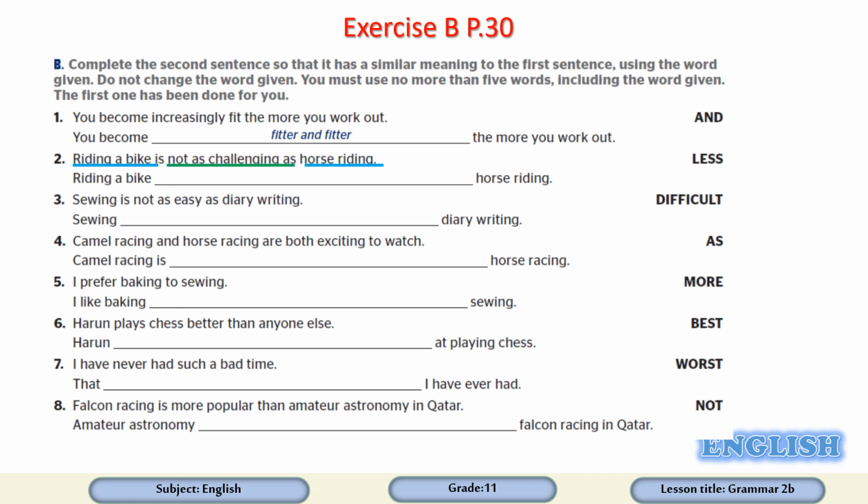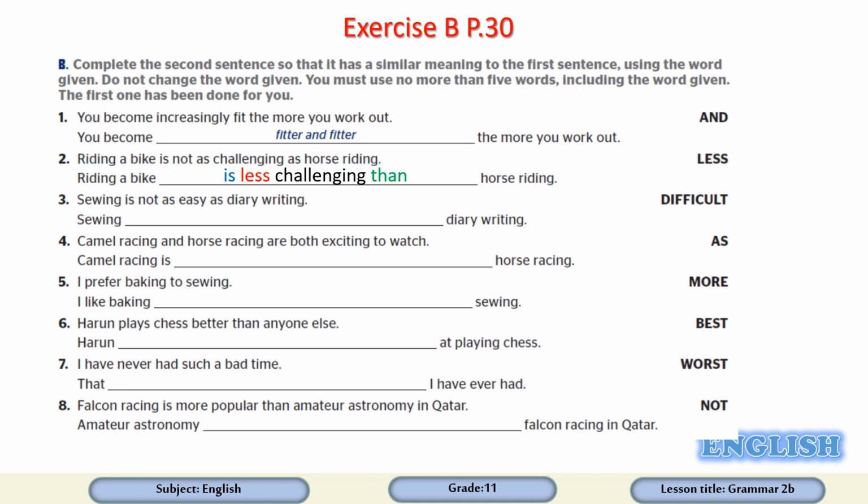Comparison of inequality, not as challenging as. So one activity is more challenging than the other, or one activity is less challenging than the other. So what can be the answer? Very good. You got it. Riding a bike is less challenging than horse riding.